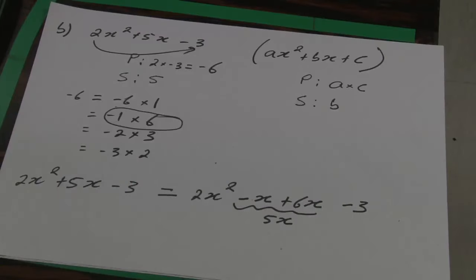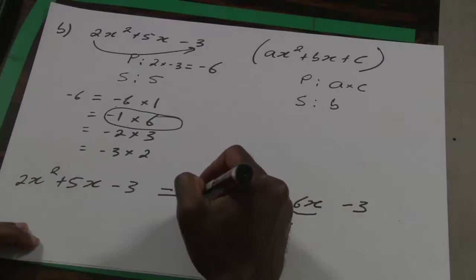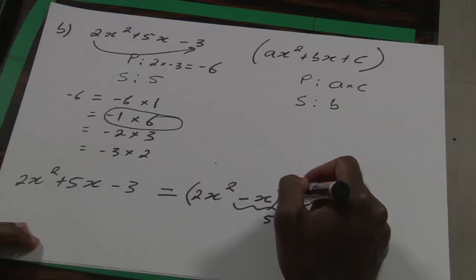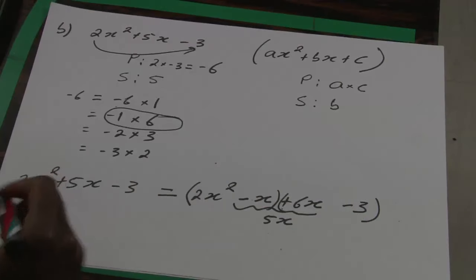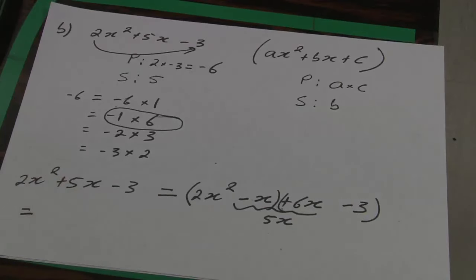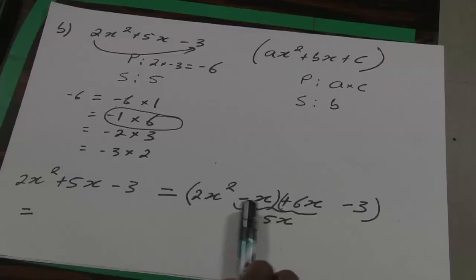Now we start to group these four terms. We consider the first two, and then we consider the last two. For the first two, by grouping, we take the common factors of these pairs of terms. Which means for the first two terms, they have x as a common factor.